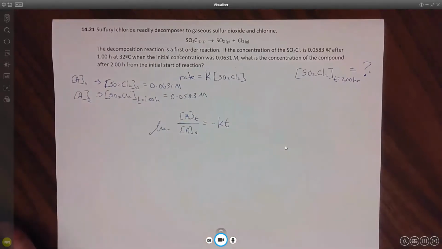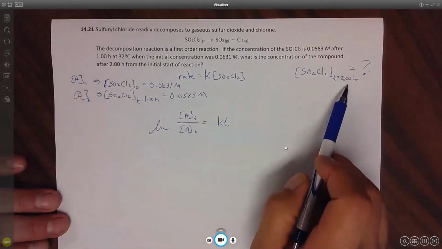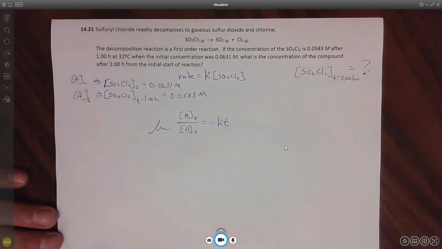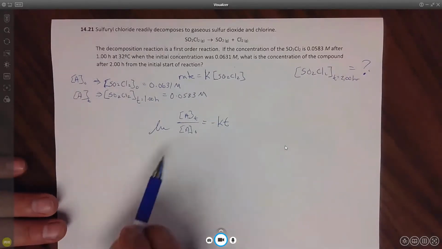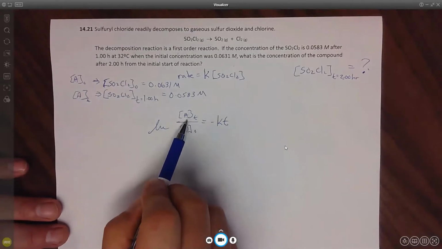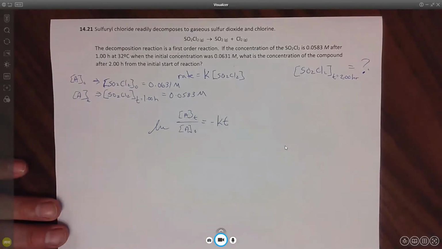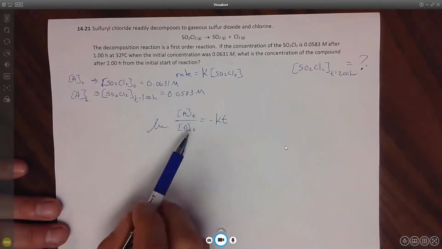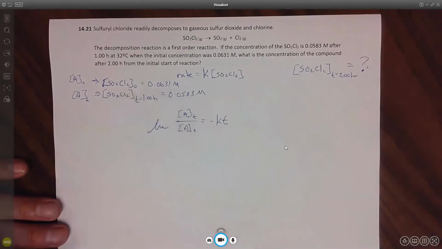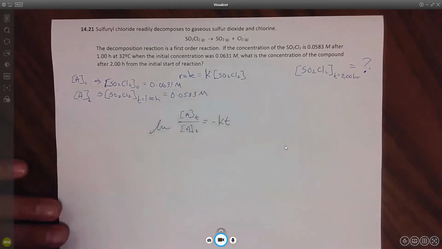I want the concentration after 2 hours. I already have the initial concentration, and I know the time is going to be 2 hours.